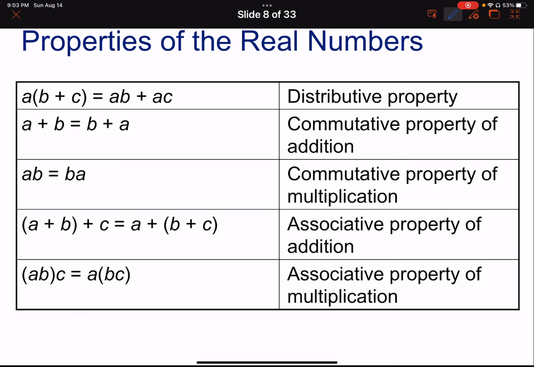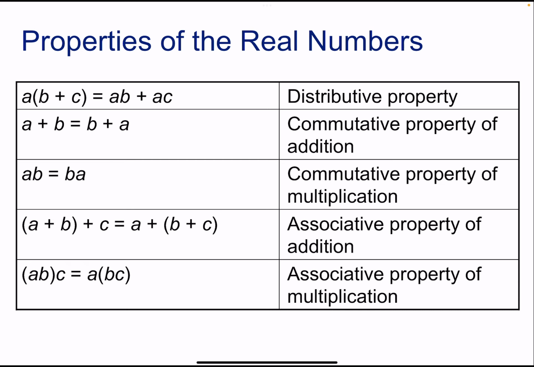So let's quickly go over the properties of real numbers, which we need to be familiar with, and which we're gonna use very often. The first one is the distributive property of addition. a times the sum b plus c, you can expand it, or distribute a to each summand in the parentheses, so it equals ab plus ac.